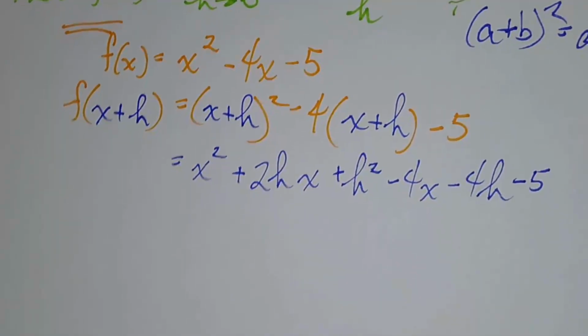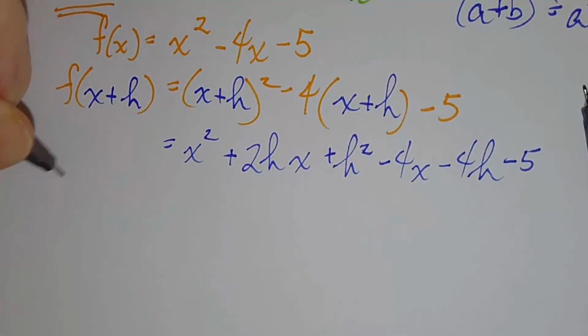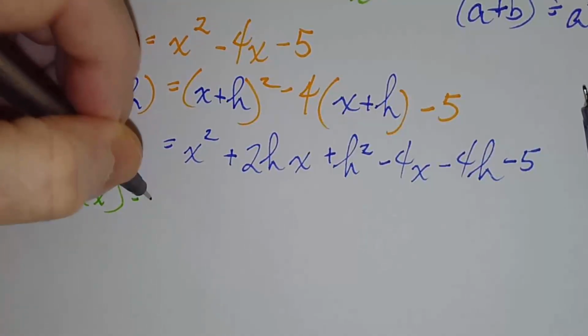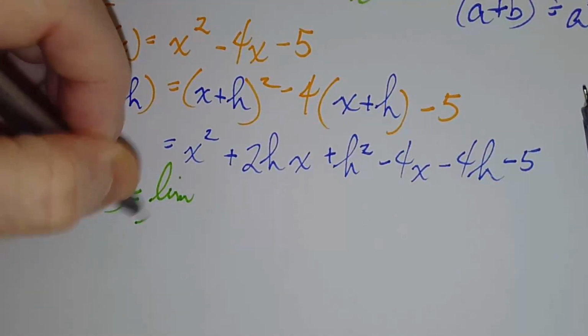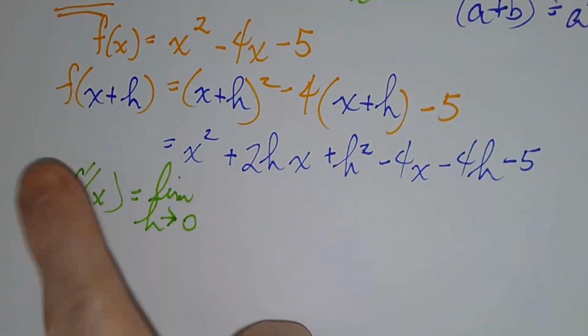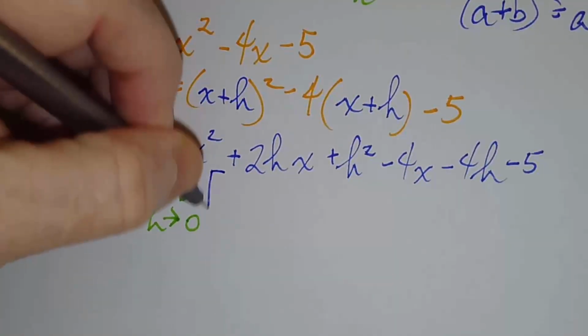So that our formula F prime of X is equal to the limit. And please do write down this limit term every time. I'm going to put F of X plus H in this blue color so that it's easier to see.